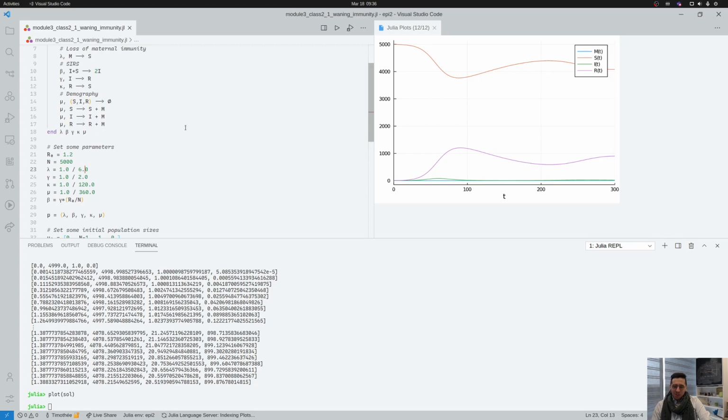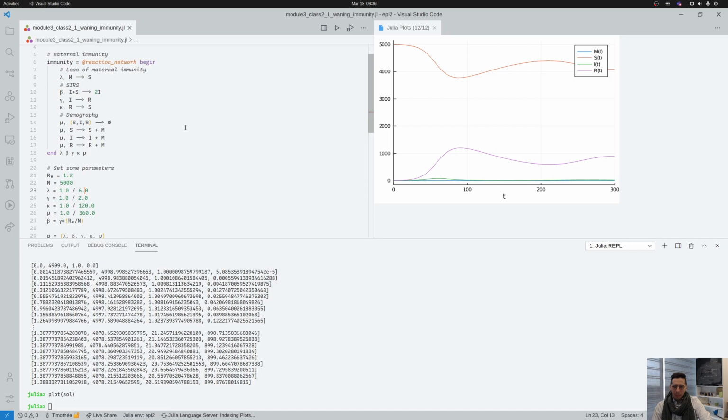We're making an assumption here, as we made last week, which is that the transmission is going to be density dependent. So the total number of infectious individuals is what matters, as opposed to being frequency dependent, where the proportion of infectious individuals is what matters.